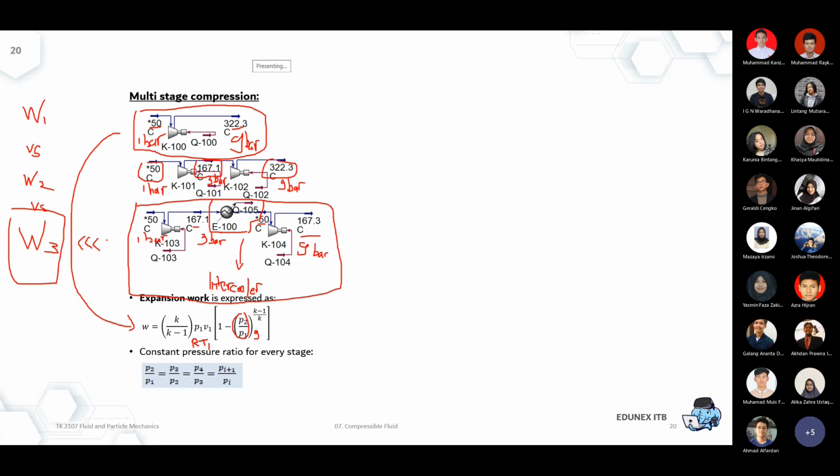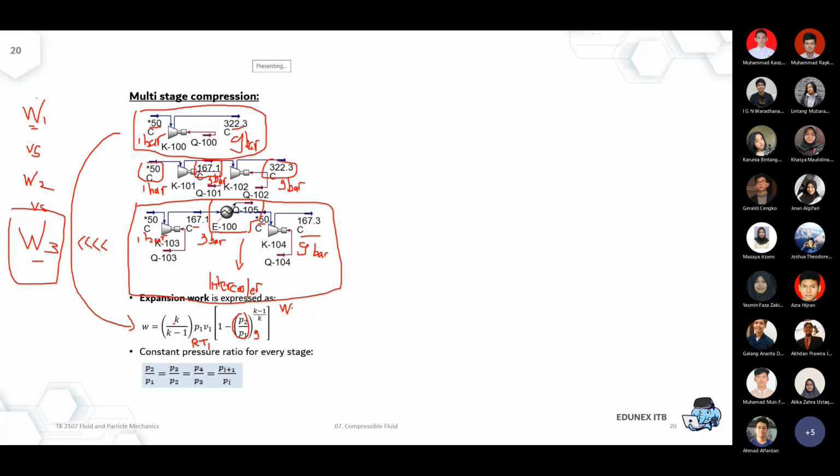The question is why? When you compare approach 3 to approach 1 in terms of the duty, where do you think is the biggest difference in terms of this formula? Should it be in the K, or in P1 V1 or the RT1, or inside the bracket with the P2 per P1?